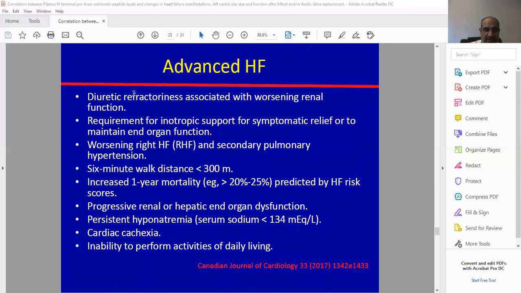Sometimes you have diuretic resistance with those patients with chronic cardiorenal syndrome. Also, you will see a requirement to add inotropes like dopamine, dobutamine in further admissions. You might see right heart failure and pulmonary hypertension, diminished 6-minute walk test, increased 1-year mortality, progressive renal and hepatic end-organ dysfunction, hyponatremia. Hyponatremia is an ominous sign in heart failure patients, besides cardiac cachexia and the inability to perform the usual daily activities.